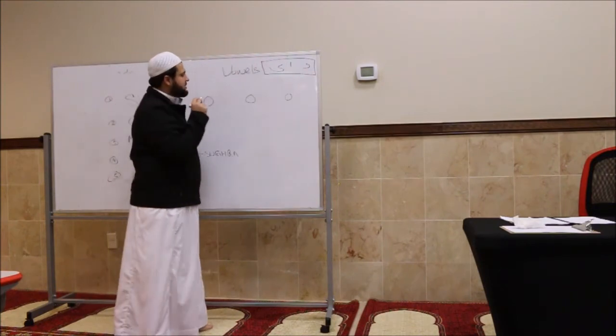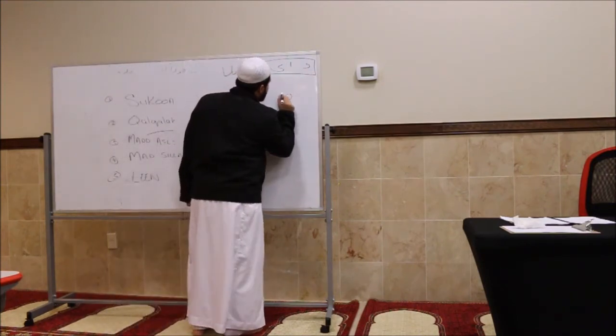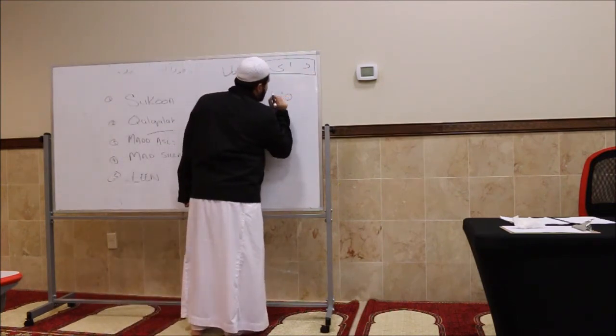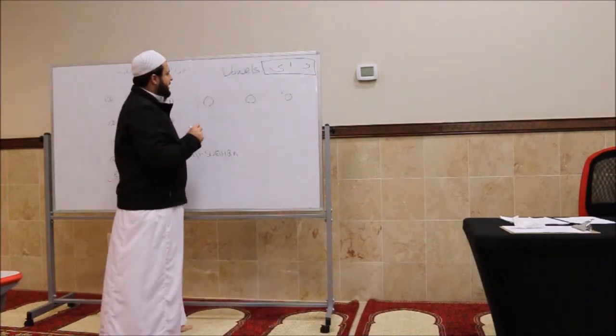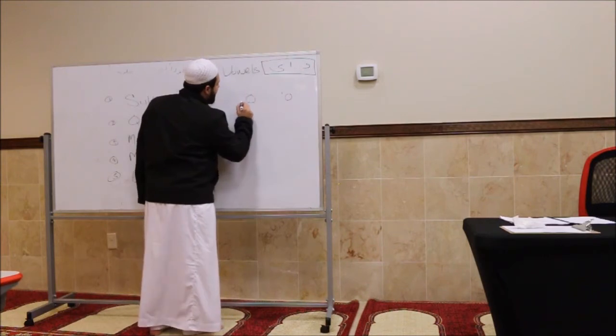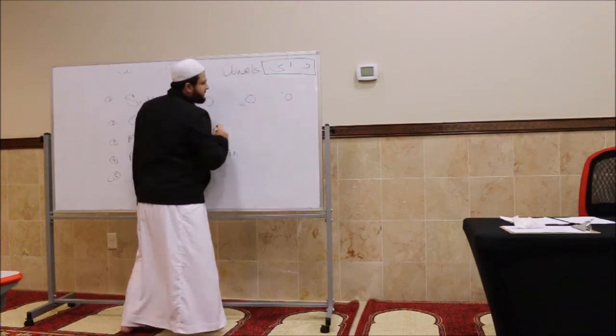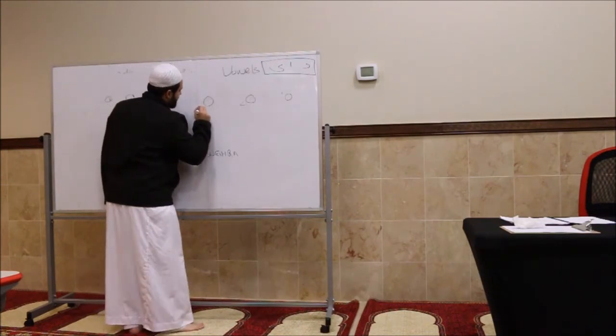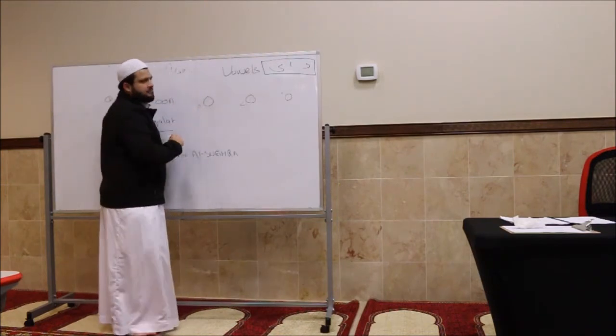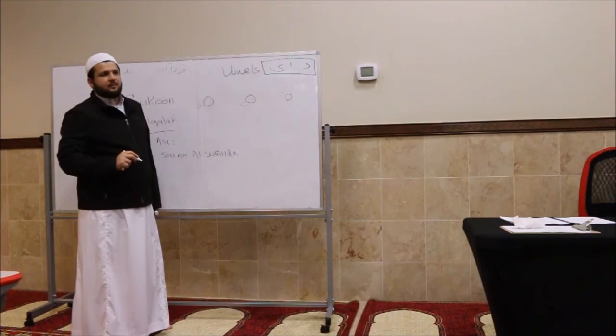In mad sila as-sughra, you will just have a small alif like this, right? And a ya, it's not part of the word, it will just be like this, or the waw will just be like this. Sometimes it can be a part of the word in the Quran, sometimes it can be like that.